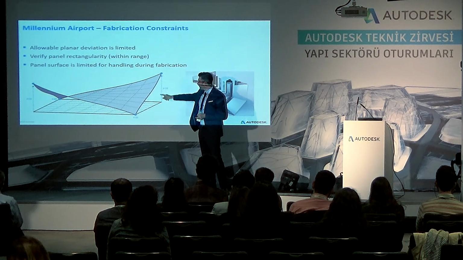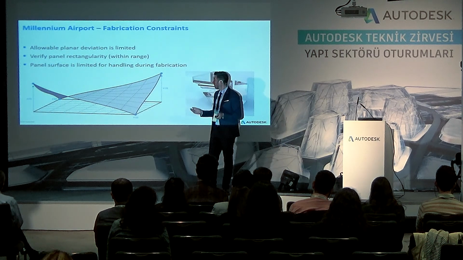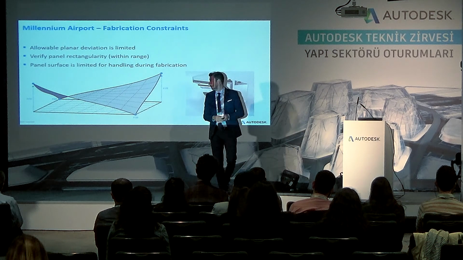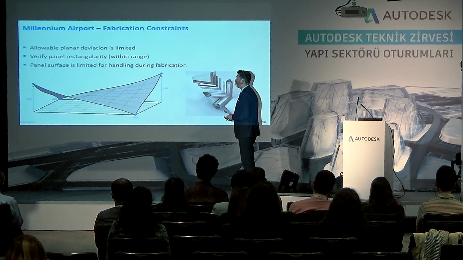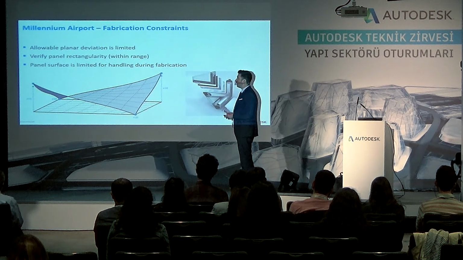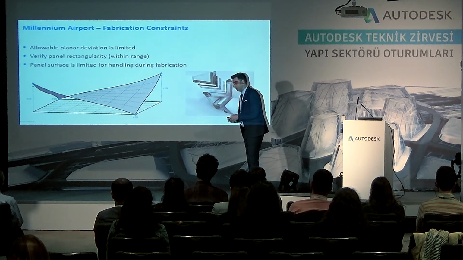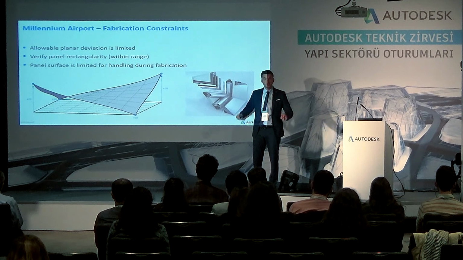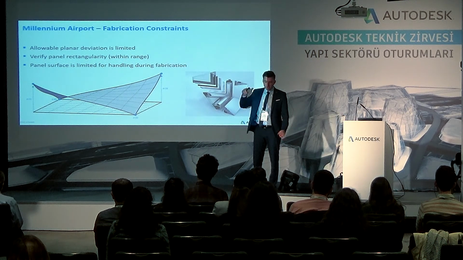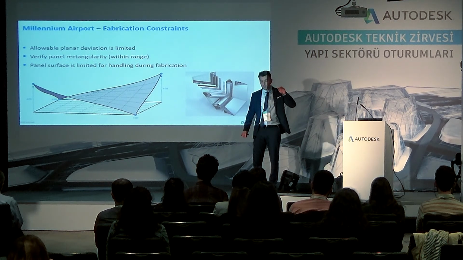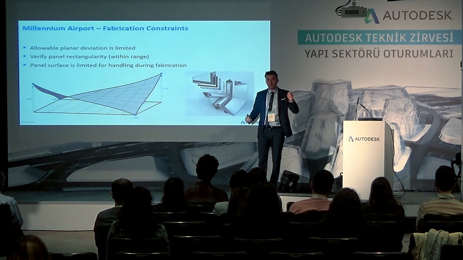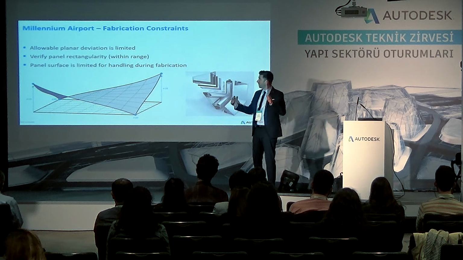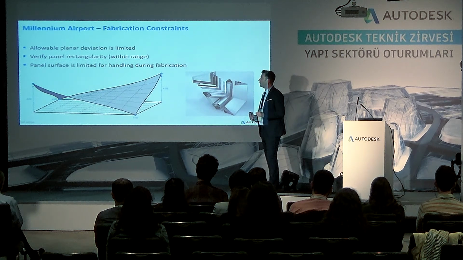So we have to come to an agreement how much we can deviate from that planar shape. Also, we want to verify the panel rectangularity. Building a rectangle frame, it's much easier to fabricate than having to measure the different distances, and the moment the panel becomes non-rectangular, it will involve more effort.